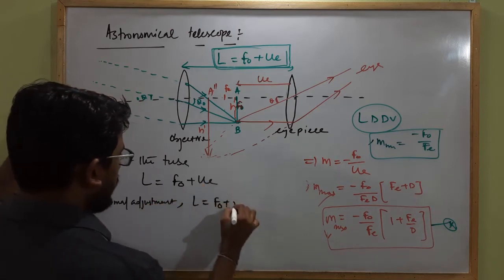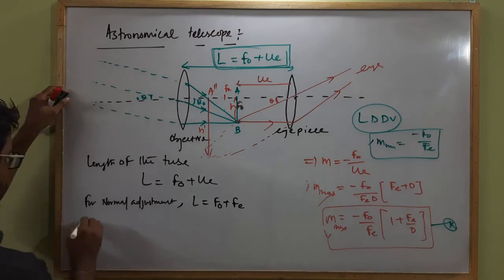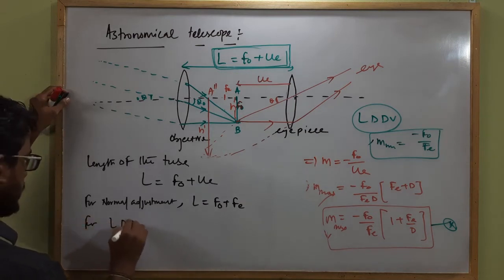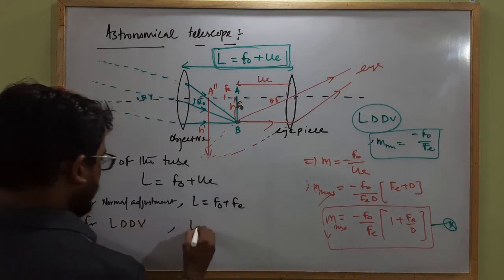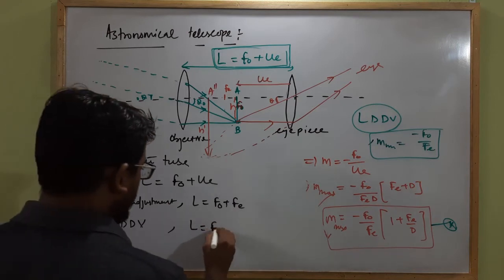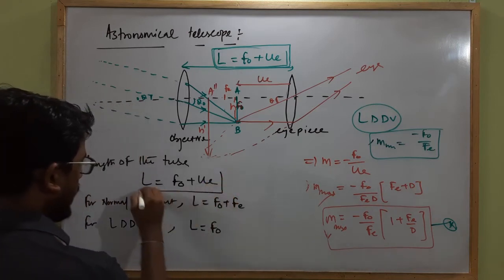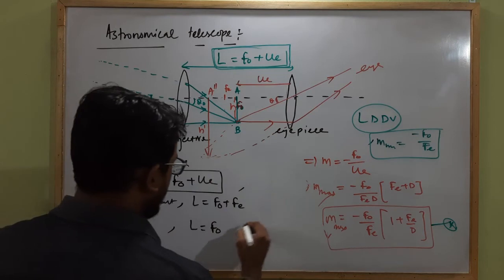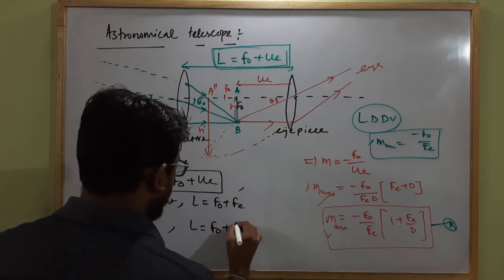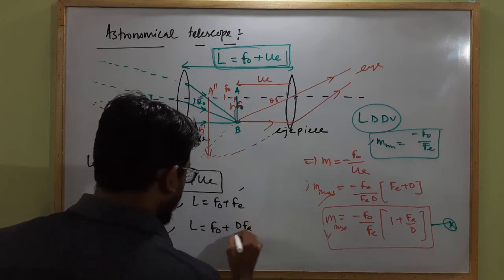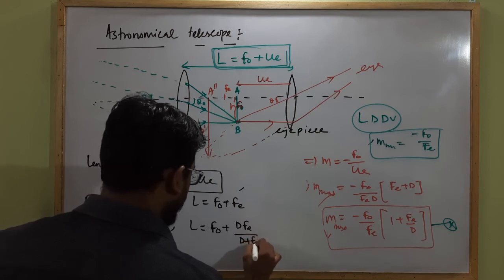F0 plus UE will become FE. For the least distance of distinct vision setting, the length of the tube will be F0 plus, in place of UE, we will have how much for least distance of distinct vision? That will be D into FE divided by D plus FE.